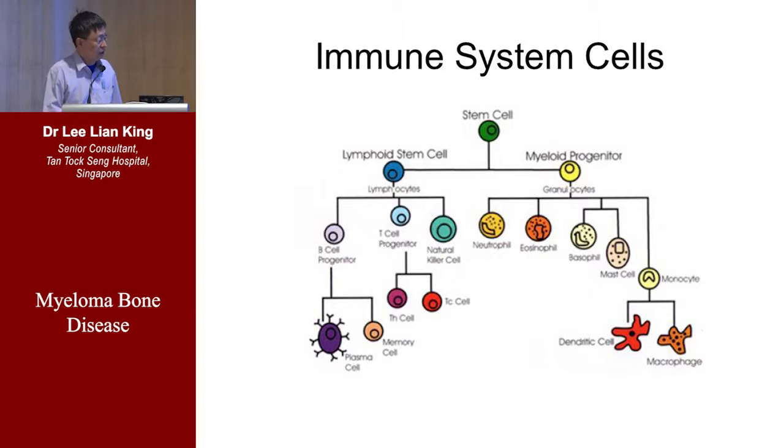There are different types of lymphocytes: B cells, T cells, and NK cells. When the B cells become exposed to various antigens in the lymph nodes, they develop into a plasma cell, which is the antibody-secreting cell.